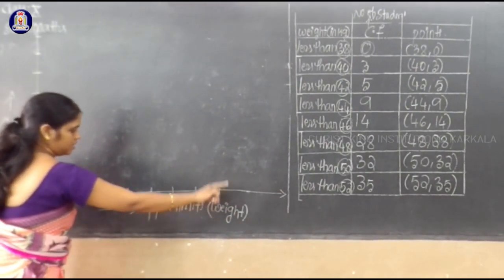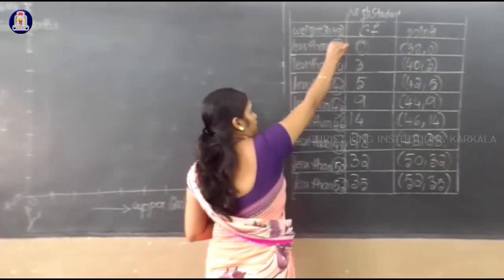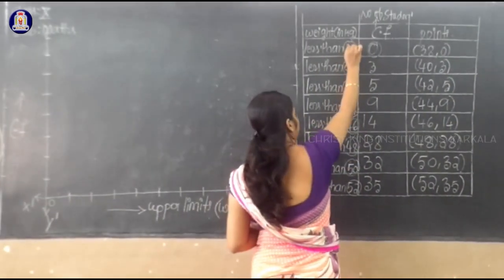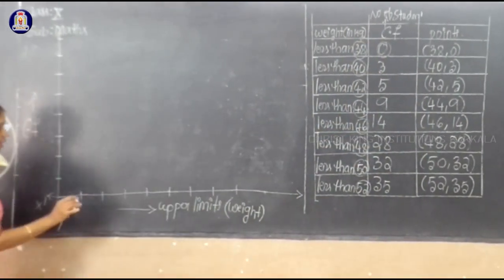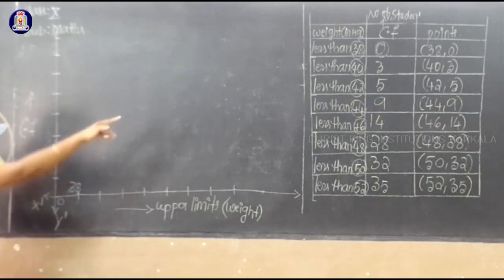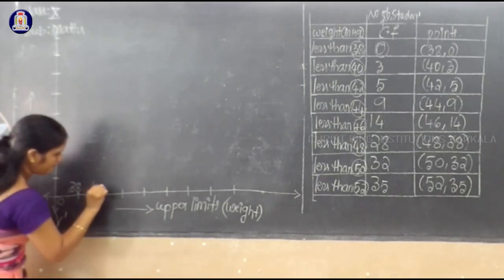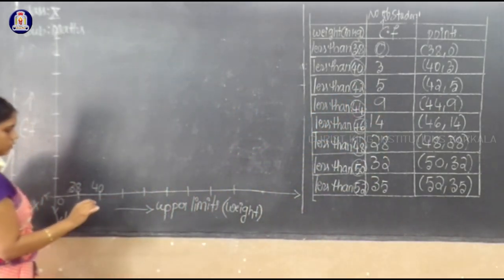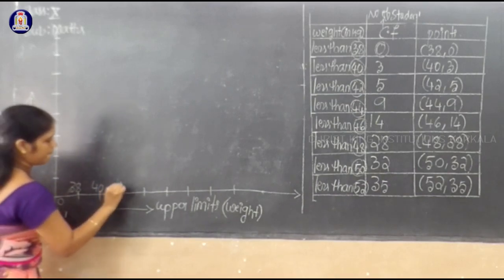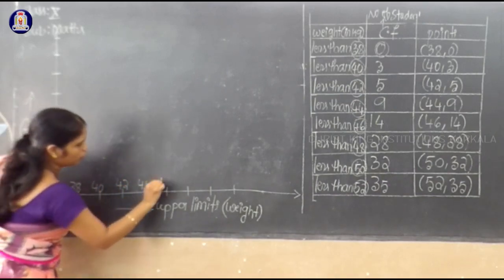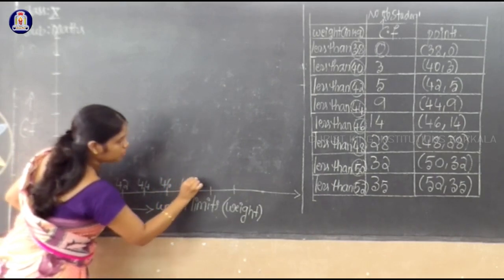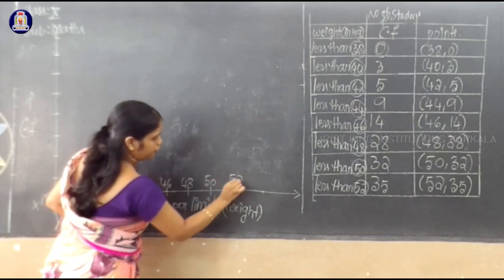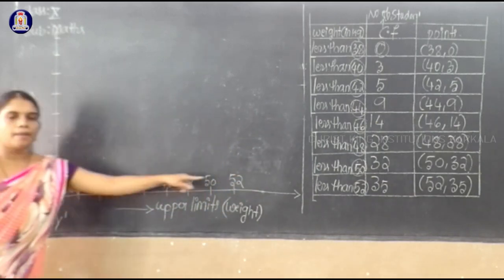Along the x-axis you have to mark all these upper limits. What is the first upper limit here? 38. So first write 38. Next 40, 42, 44, 46, 48, 50, 52. These are all your upper limits.